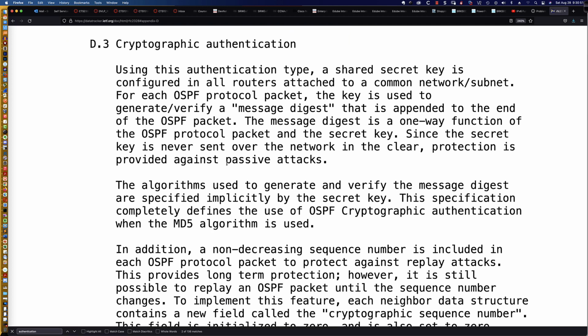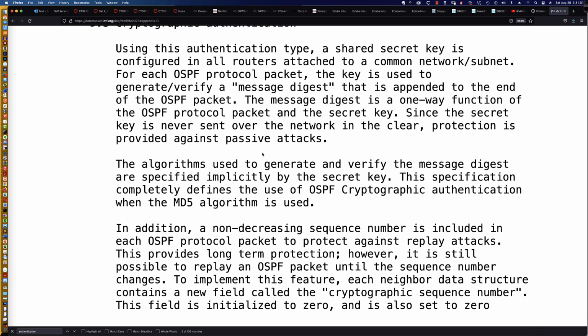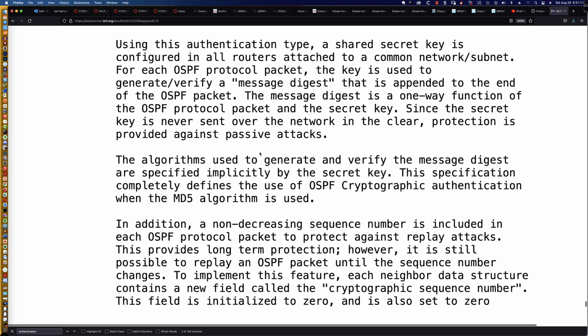So type 0 is null, type 1 is simple, type 2 is cryptographic authentication. And this is where we get into MD5. Now, we're not going to be using keychains or anything fancy like that here. This is just going to be simply setting up basic MD5, which would be considered type 2 authentication for OSPF.